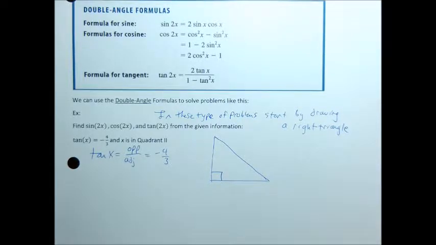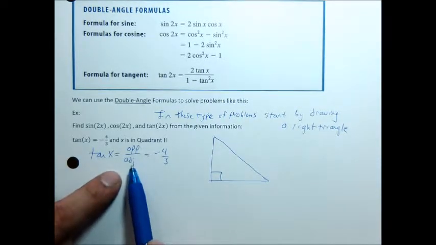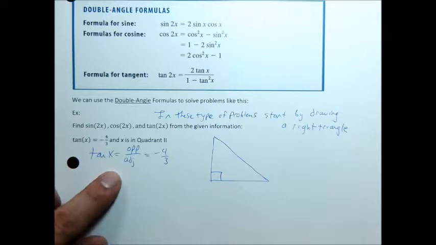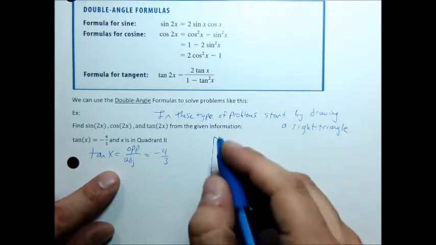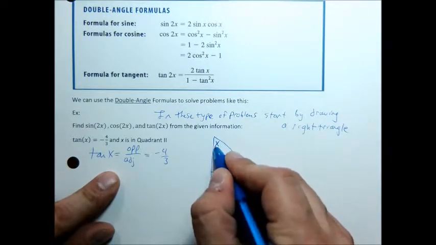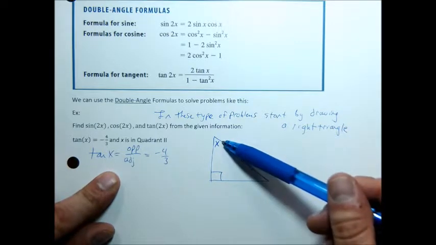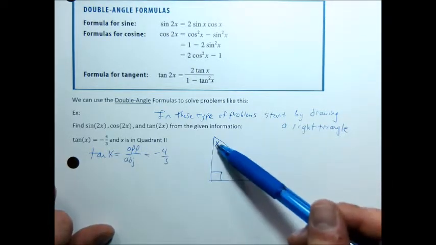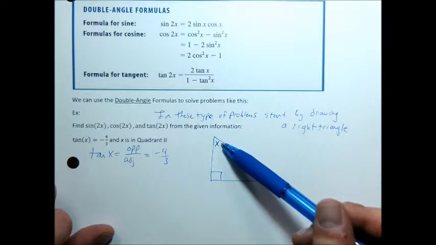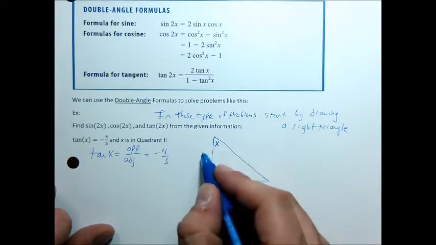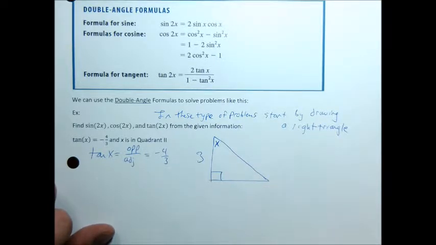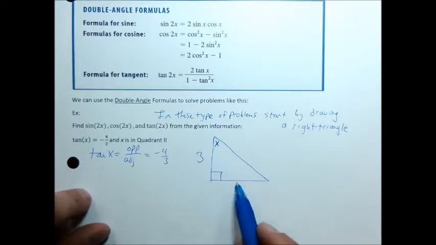And remember, we need to have an angle we're talking about, so let's pretend the angle is right in that corner. If that's the x angle, then the adjacent side is the one that touches it, so that gets the 3. And the opposite side is the one directly across from it, so that gets the 4.